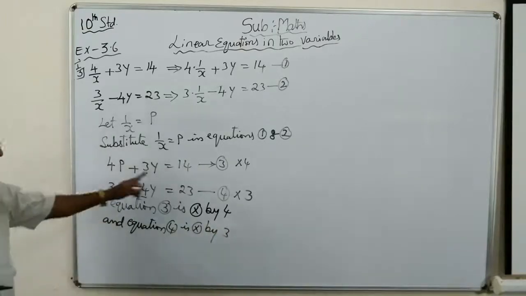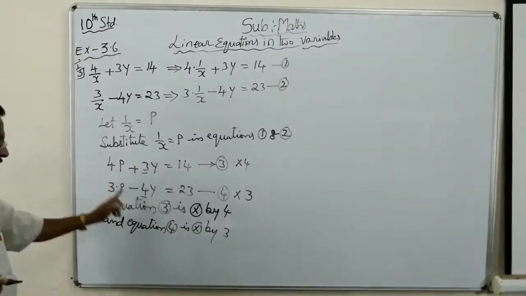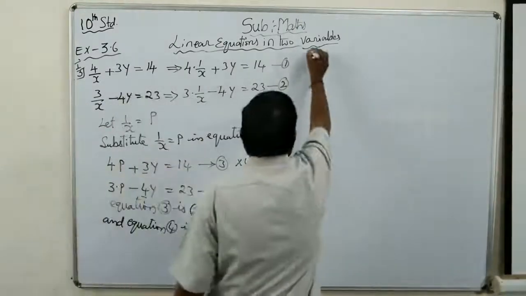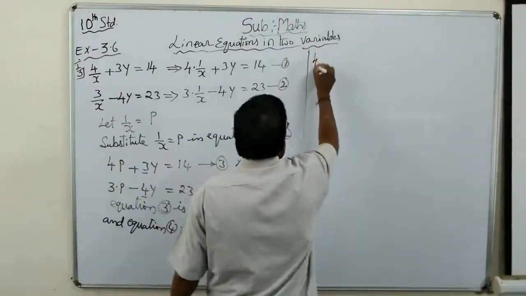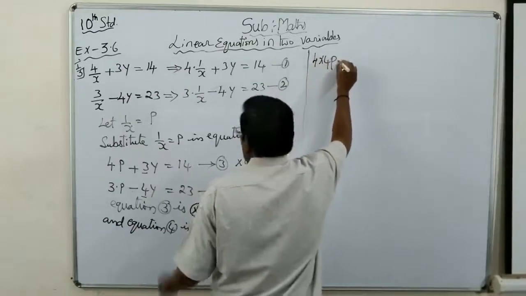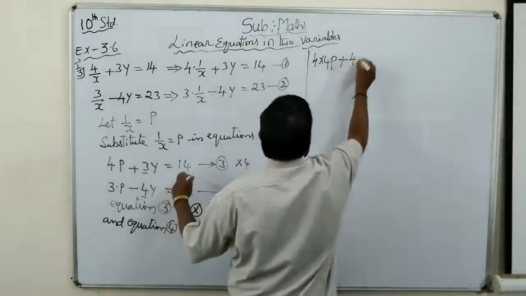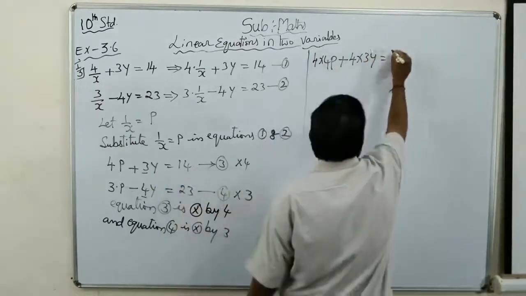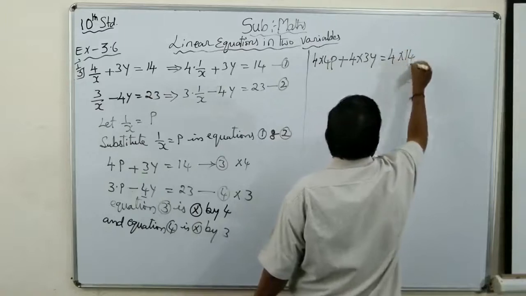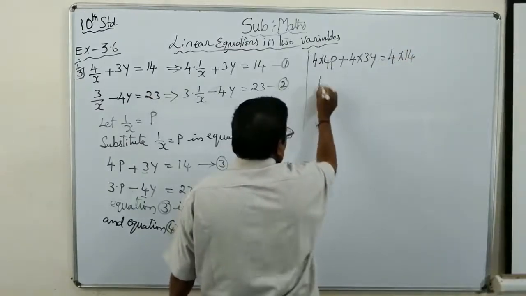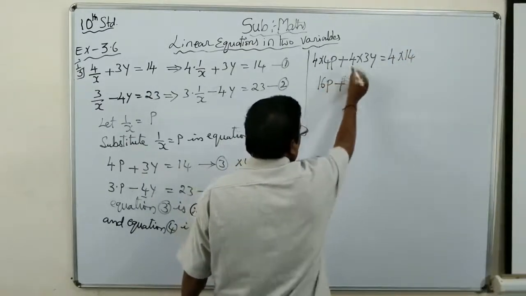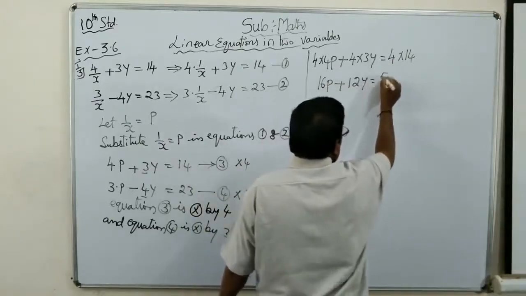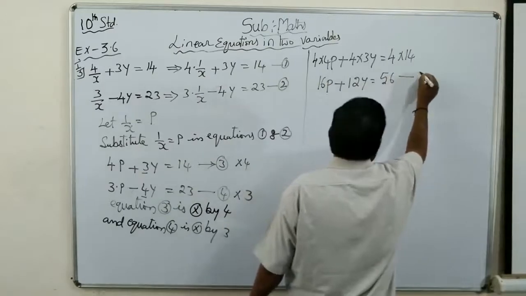So 4 into 4p plus 4 into 3y is equal to 4 into 14. Here 4 fours are 16p plus 4 threes are 12y is equal to 56. This is equation number 5.